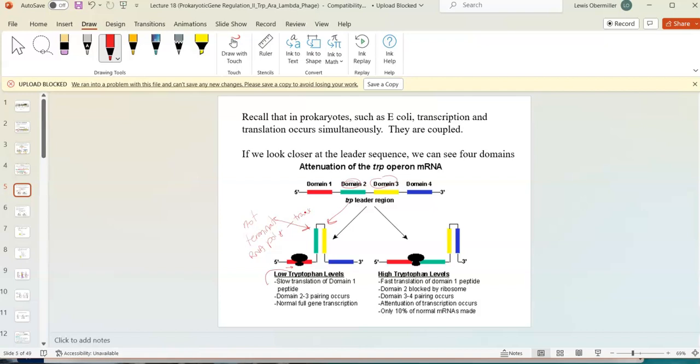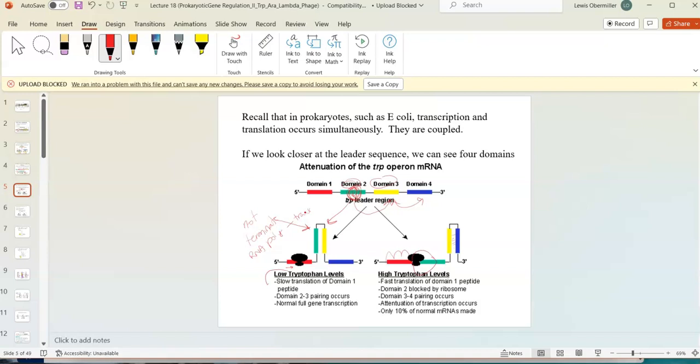Now, if there are high levels of tryptophan, the ribosome can speed through this, right? It's not pausing. So it ends up interfering, it's blocking domain 2. If it's on domain 2, it cannot bind to domain 3. So what happens is these domains further down make hydrogen bonds with each other, and they make a different shape.